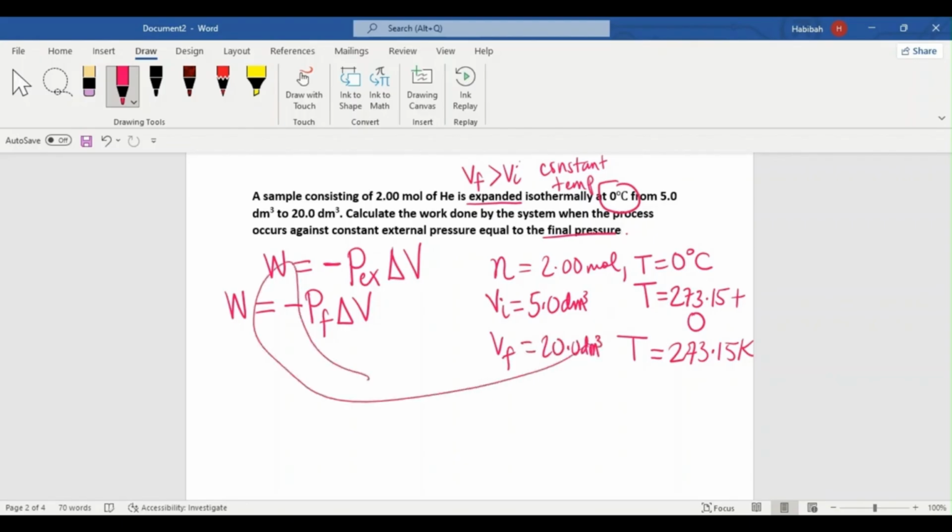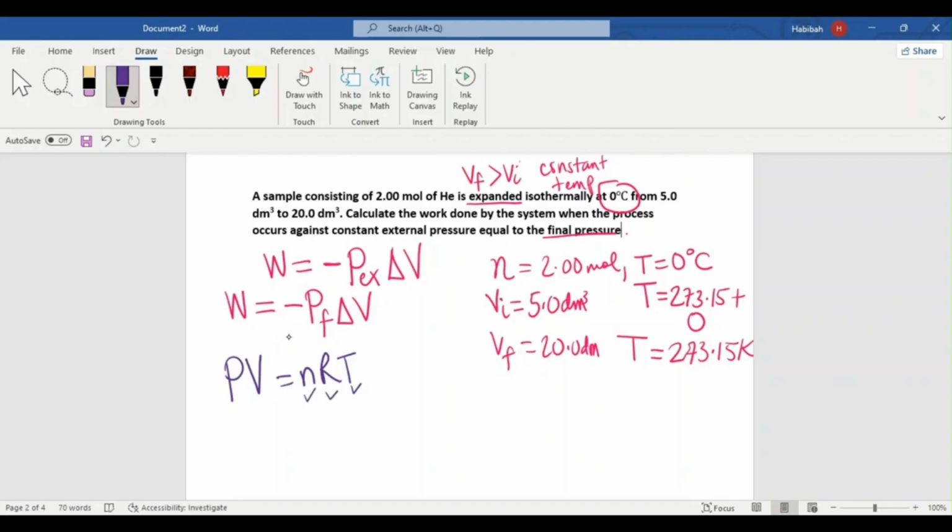So basically, we're supposed to solve for this. The first thing to note is that since we're going to use the final pressure, we can use the ideal gas equation like we've been doing anytime we have the perfect gas law. So we're going to have PV equals nRT. Since the temperature is constant and the number of moles is constant, the gas content is constant.